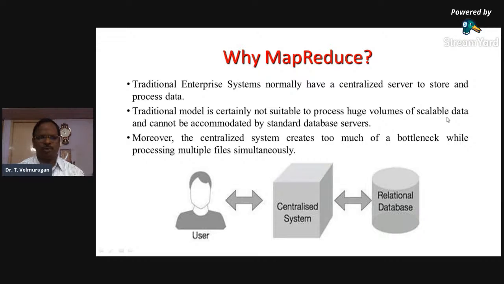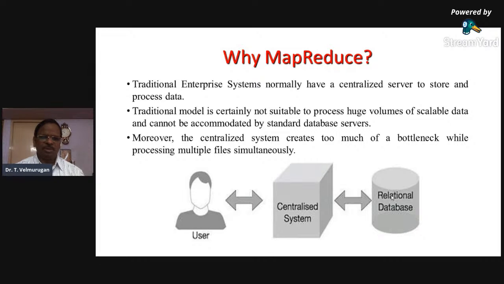Huge volumes of data cannot be accommodated by standard database servers. So for that purpose, we require a specialized processing technology, that is the MapReduce method.